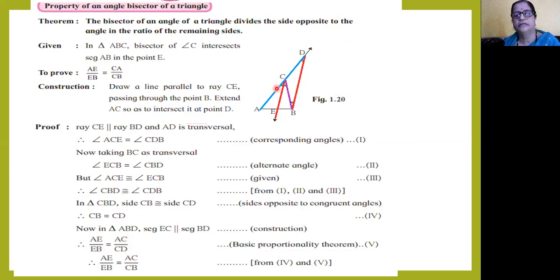So we will get AE divided by EB is equal to AC divided by CB.